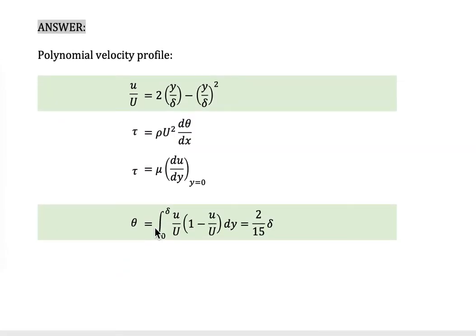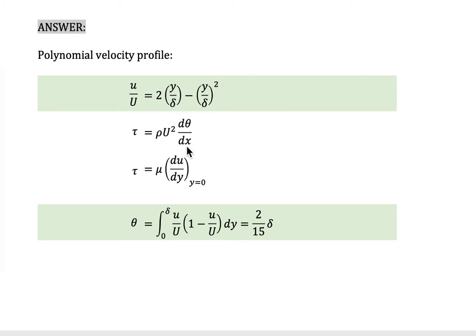As the answer to that question, it states that the velocity profile is a polynomial. It means that our velocity profile u over U is to the power of 2. As we did previously, we could prove that the polynomial velocity profile can be written as u over U equals 2 y over delta minus y over delta squared.